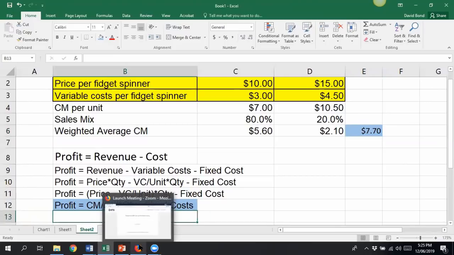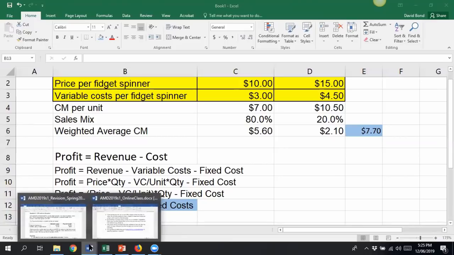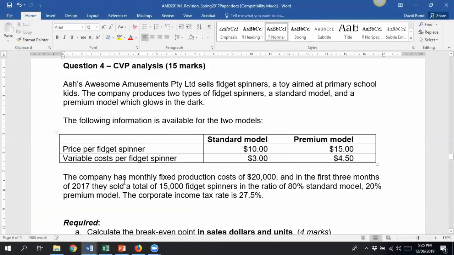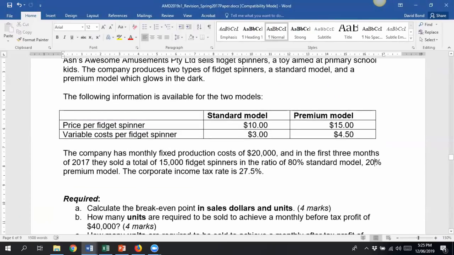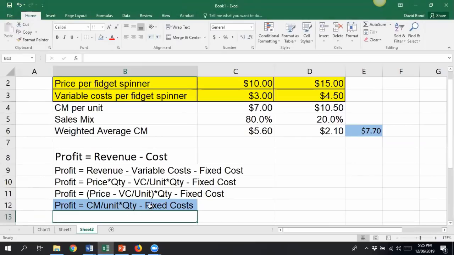Now, let's have a look back at the question information to see what else we need. The break-even point. Break-even point is when profit is 0.